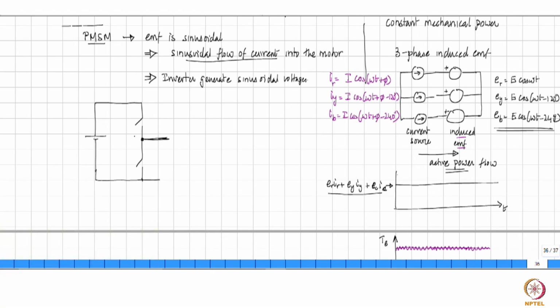So let's call this node as R and let us designate this as ground. What will be the voltage VR at any instant of time? What will be the voltage VR?